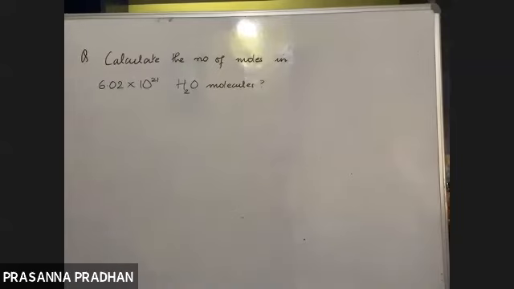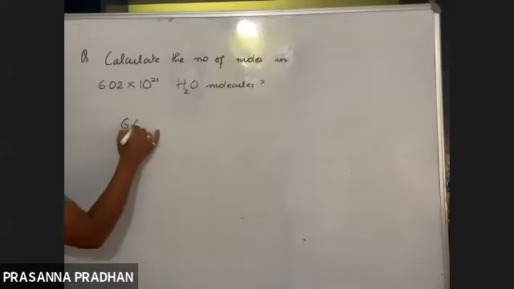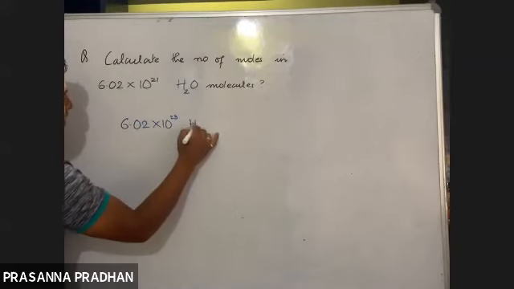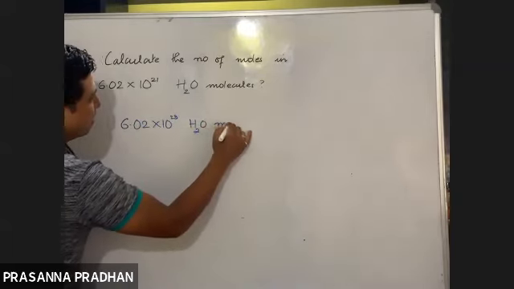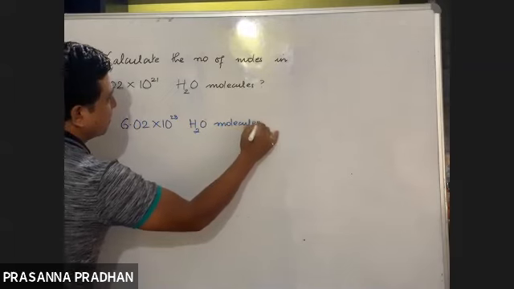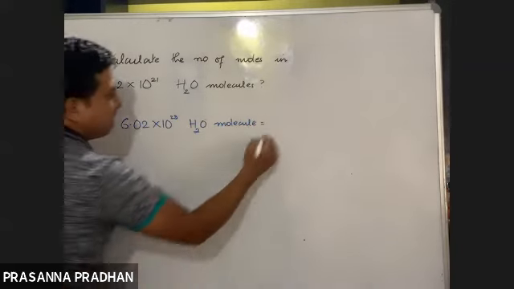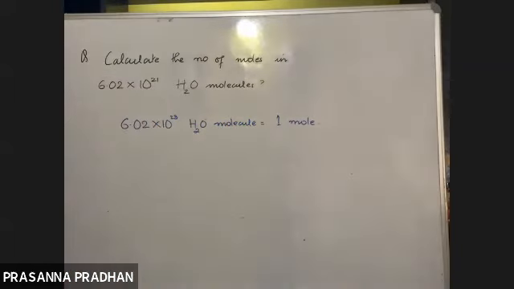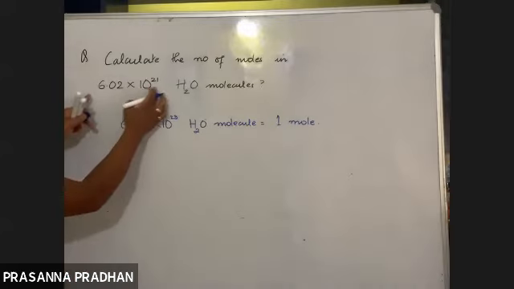Okay, now how are we going to do this? So we know 1 mole contains how many water molecules? 1 mole contains Avogadro number of water molecules. Avogadro number of water molecules is equal to how many mole? This is equivalent to 1 mole. So you are supposed to calculate the number of moles in this number of water molecules.